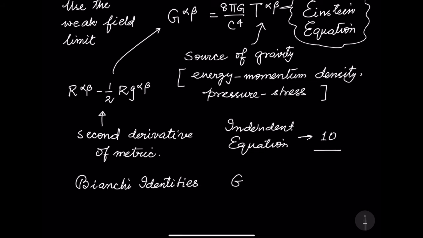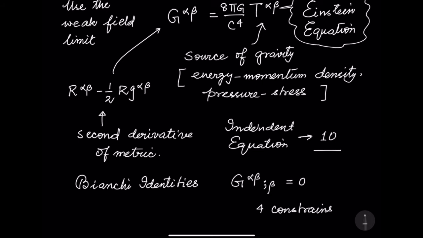Which, if you write it in this form, equals 0, right? Now if you look at this, it gives me 4 constraints. Why do I say 4 constraints? Well, this is an identity, not an equation. This comes because of the form of G alpha beta. And here beta is summed over, so there are essentially 4 of these identities.